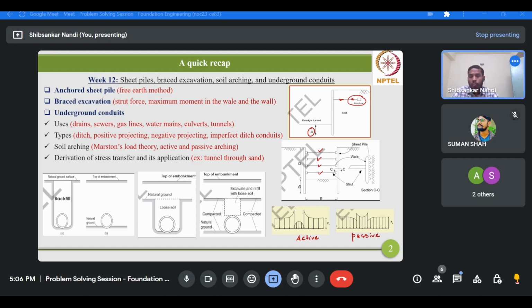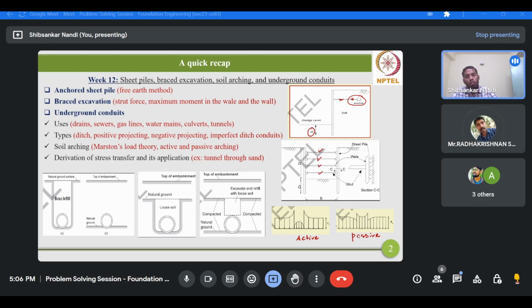We'll see the mechanism of soil arching and how active and passive soil arching are categorized. At the end, we have also seen the derivation of stress transfer and its application through an example problem like a tunnel through sand.